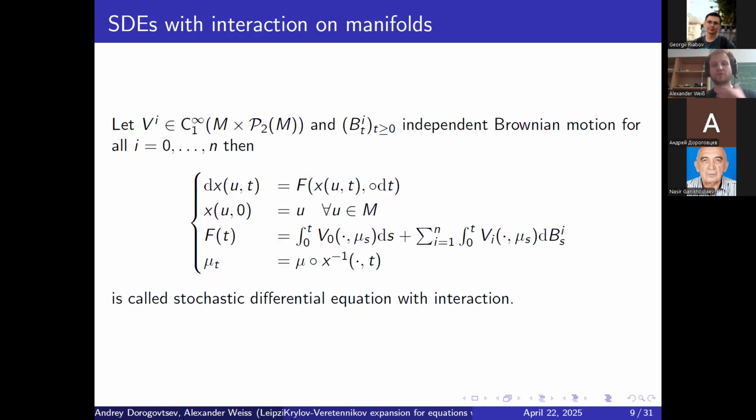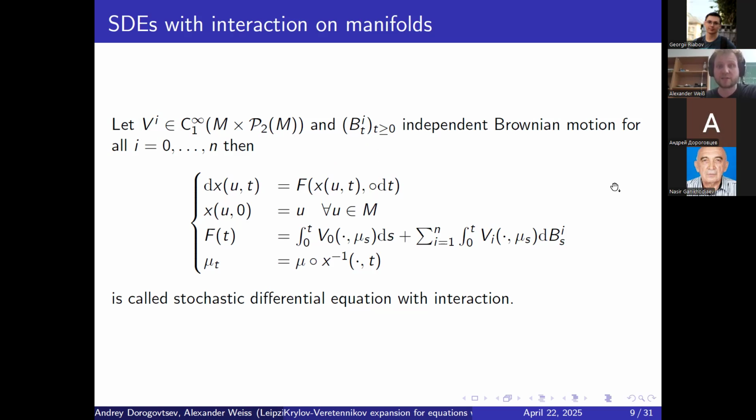Okay, so what do we need this for? We want to look at Kunita-style SDEs. In particular, we want to look at SDEs with interaction. And a system of SDEs with interaction on a manifold will be considered in the following way. So let this be our vector fields, which are smooth with respect to the manifold component, and Lipschitz with respect to the Wasserstein component.